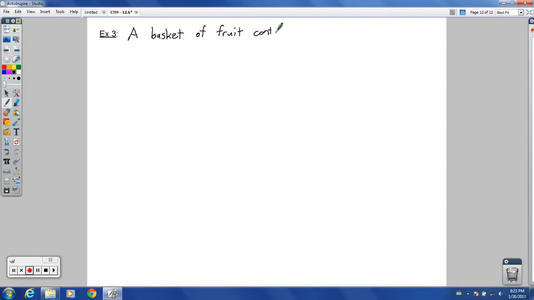A basket of fruit contains 5 oranges. Amazing fruit right there. Oranges, so good. 7 apples. Delicious. Nutritious. And 4 pears. Yum, yum. No processed sugar for me. Thank you.